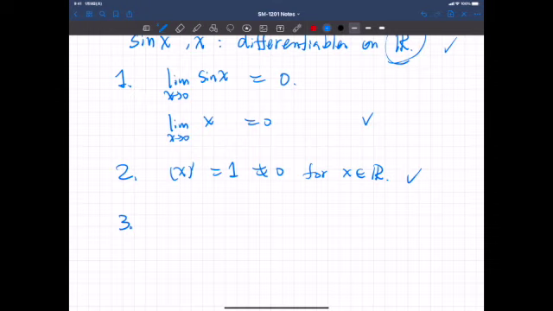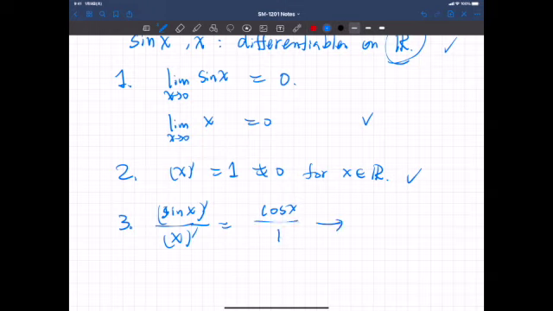And the third condition, let's see. Sine x over x, so their derivatives. Sine x, its derivative is cosine x, and the derivative of x is 1.